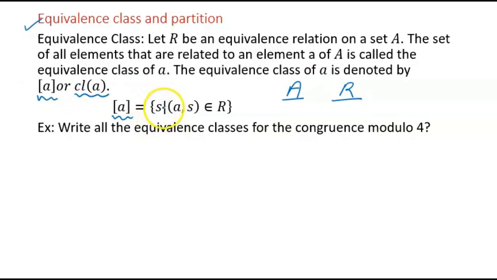It contains all those elements s which are related to a. So this is how the definition goes: the class of a is the collection of all those elements s for which a is related to s, or I can write it that (a, s) should belong to R.